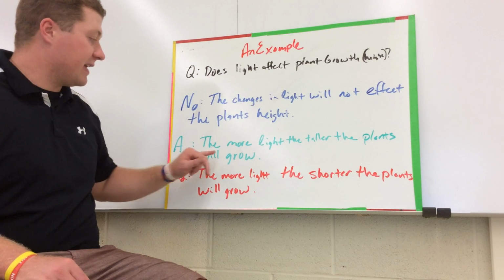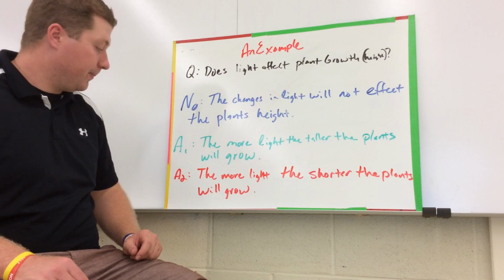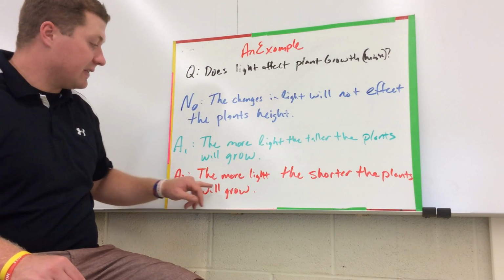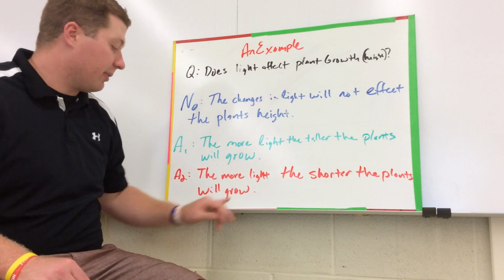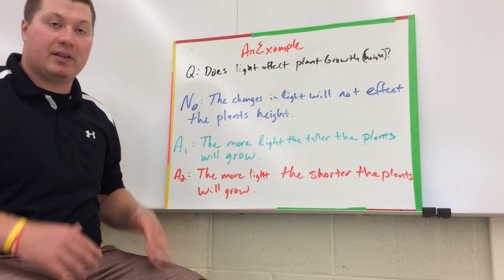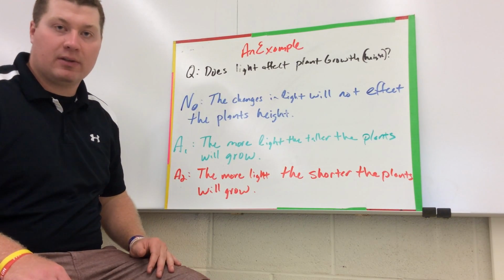That's a prediction saying if we give the plant more light, the height will increase. And our alternative hypothesis 2 is the more light, the shorter the plants will grow. Now that might seem kind of silly, but in different experiments, we want to have all of these hypotheses to check for.